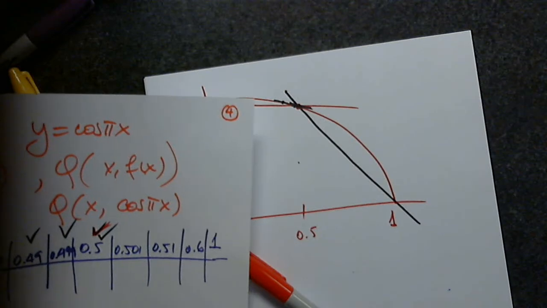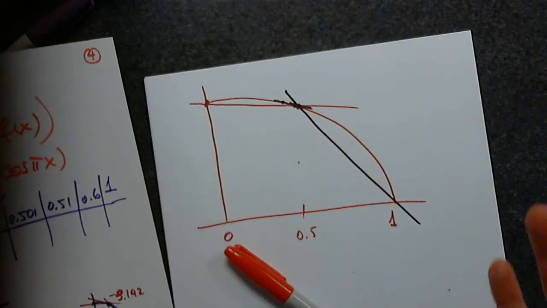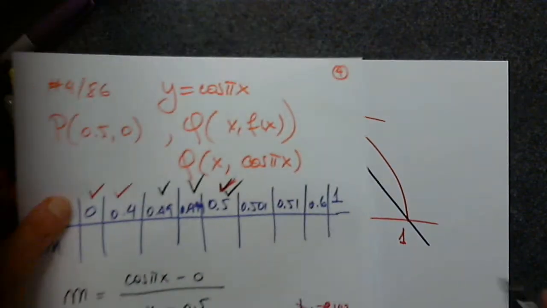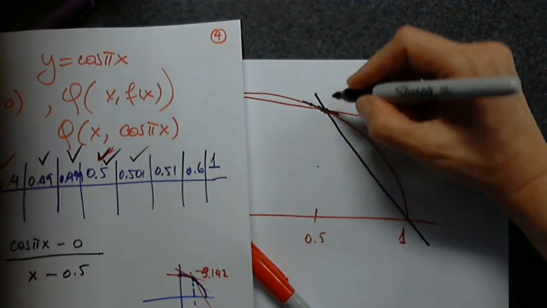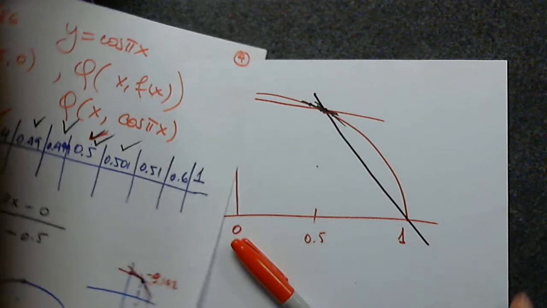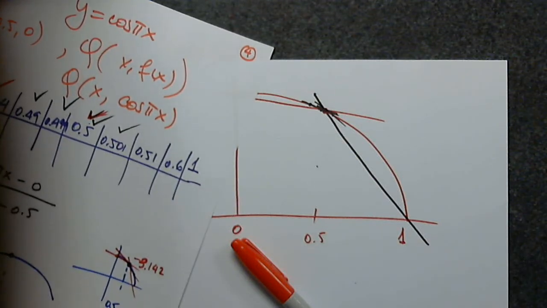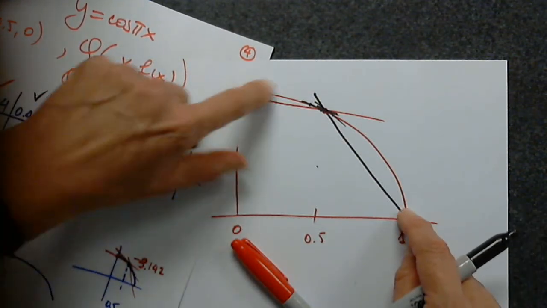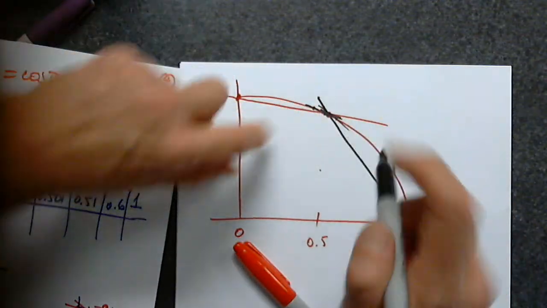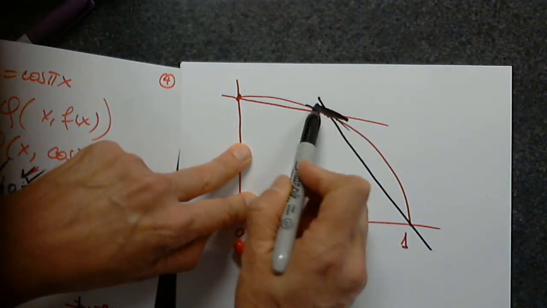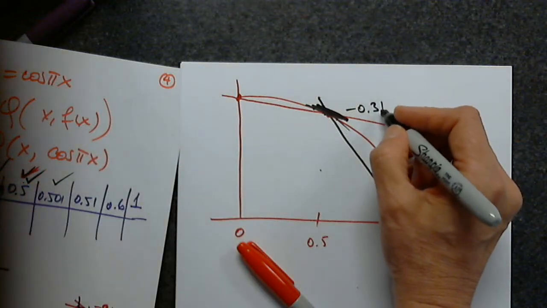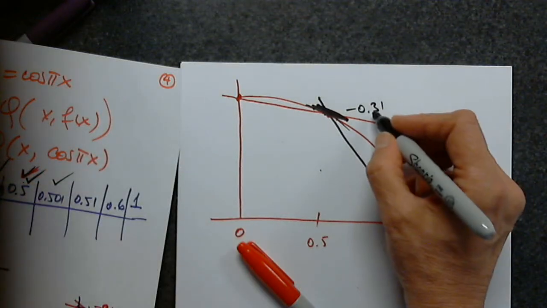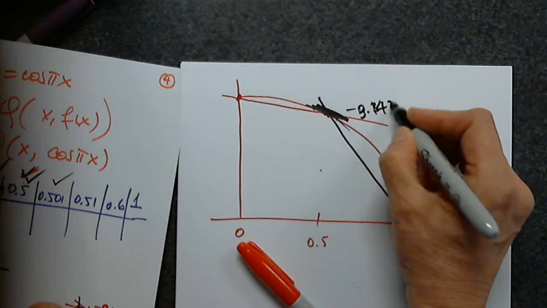And I determine the slope. Every time I graph a secant line, I determine its slope. And then I'm graphing these two. So it's already 0.4, so it's right here. And I determine the slope. And then when these points get closer and closer to P, I will eventually determine the slope of this line, which is negative 3.142.